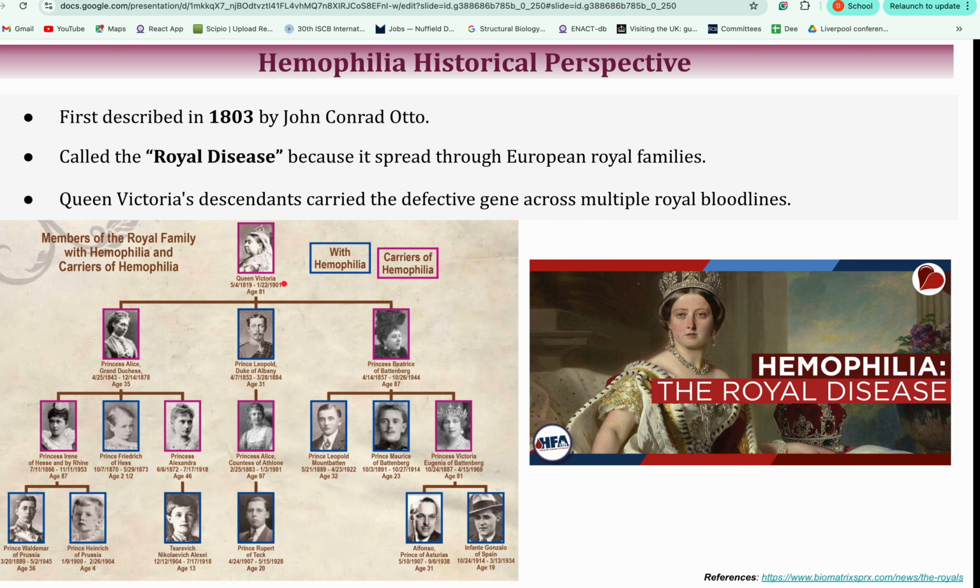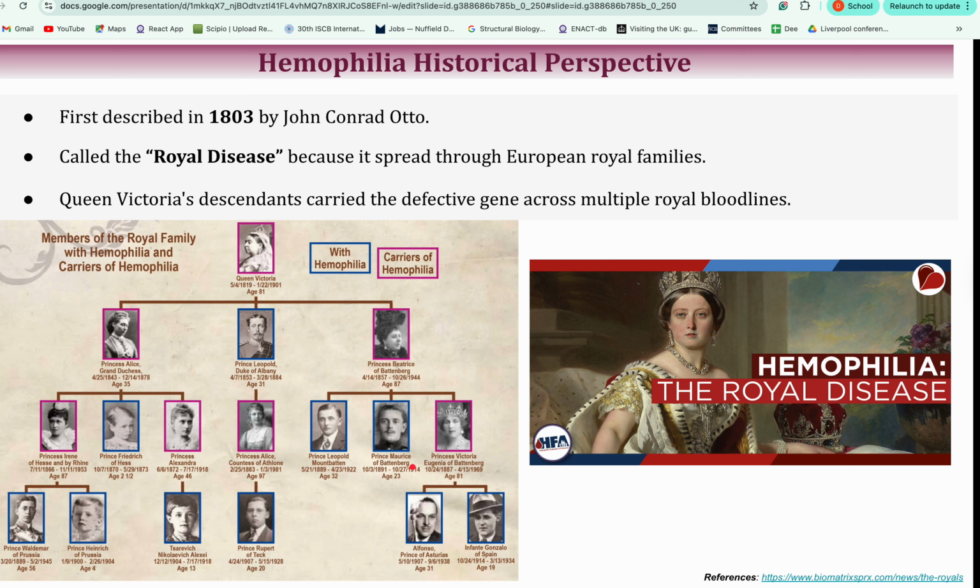She was the carrier of hemophilia B, and she passed on this defective gene on the X chromosome to her two daughters, Princess Alice and Princess Beatrice, whereas Prince Leopold got the defective X chromosome from his mother, so he was affected with hemophilia. Later on, this same defective gene was passed on to later progeny, and similarly Prince Frederick, Prince Leopold, and Prince Maurice all got affected.